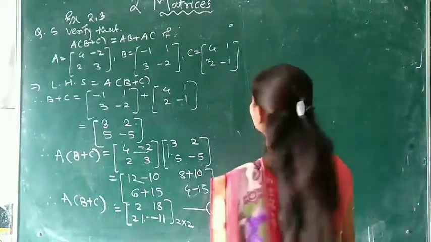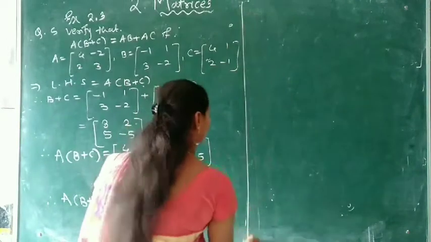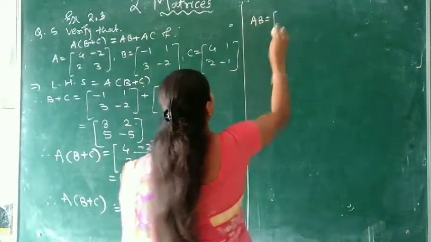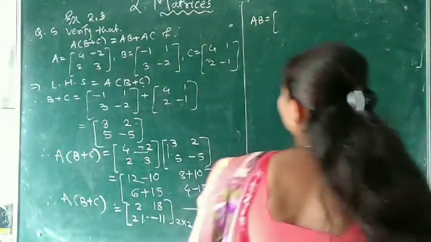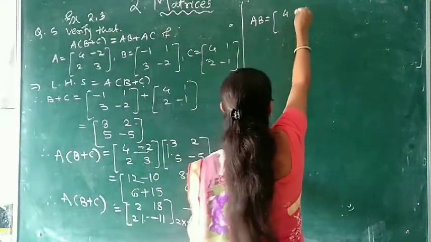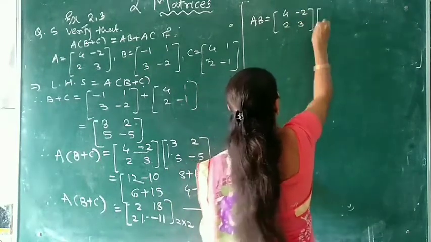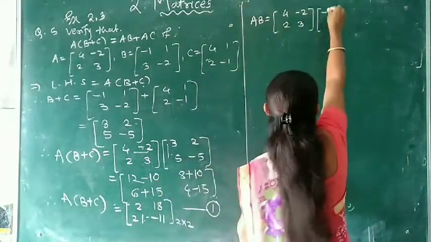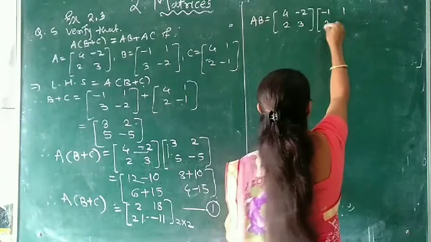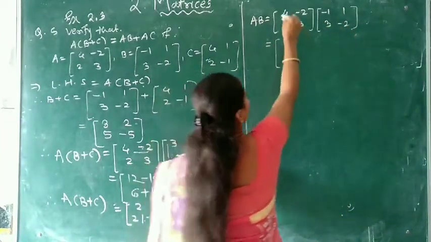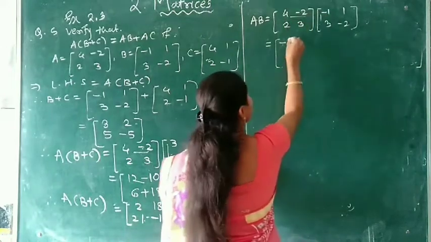RHS is equal to AB plus AC. So first take the product AB. A is [4 -2; 2 3] and B is [-1 1; 3 -2]. 4 into minus 1, minus 4.